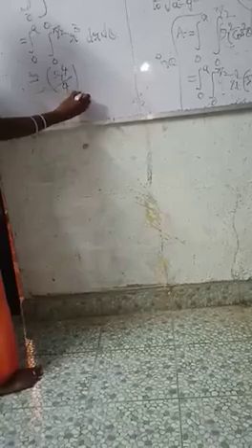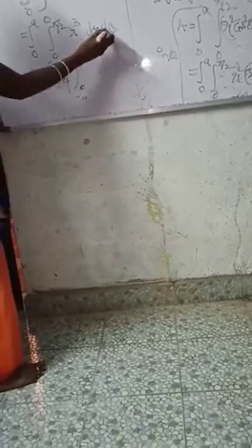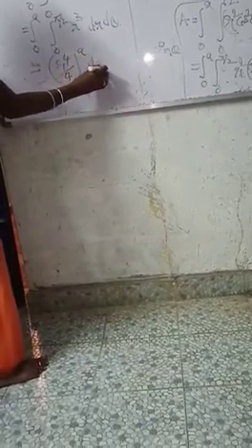Here the r limits are 0 to a, with the remaining d theta from 0 to pi by 2.